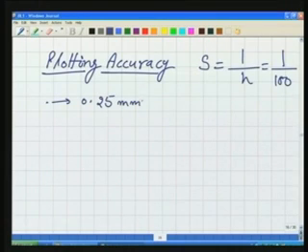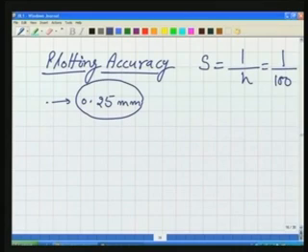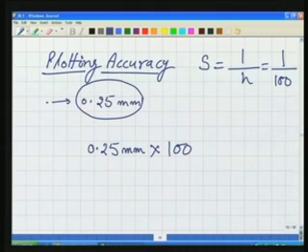A dot of this size on the ground will be equivalent to 0.25 millimeter multiplied by 100, isn't it? So, what is the meaning of this?